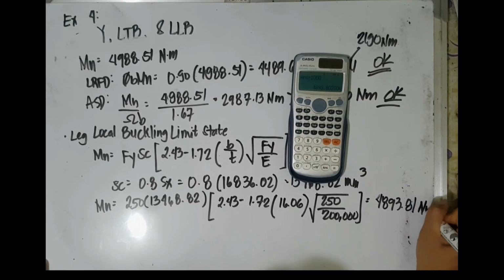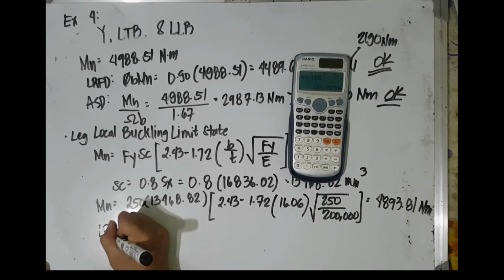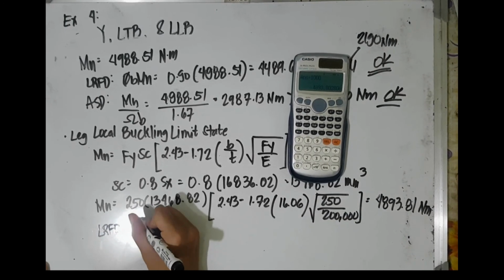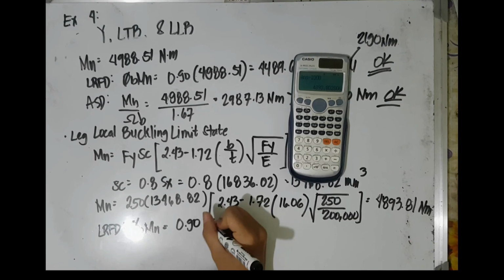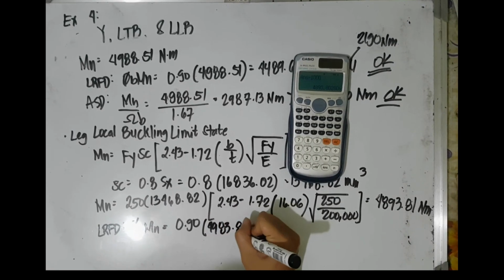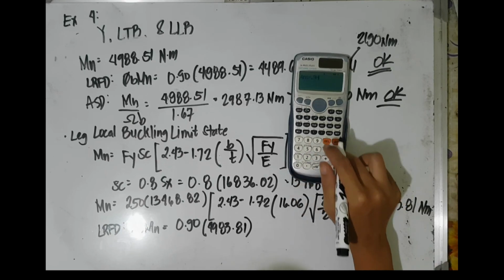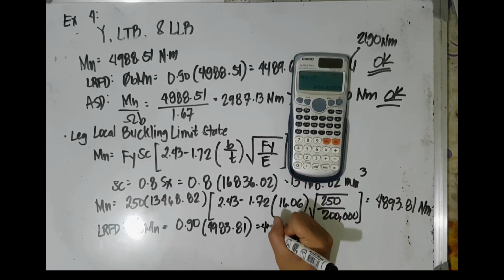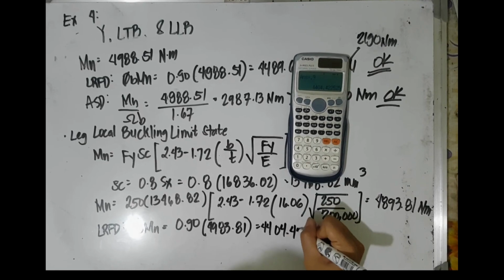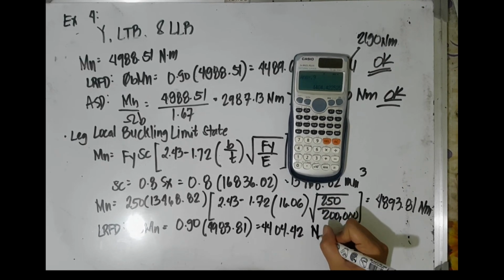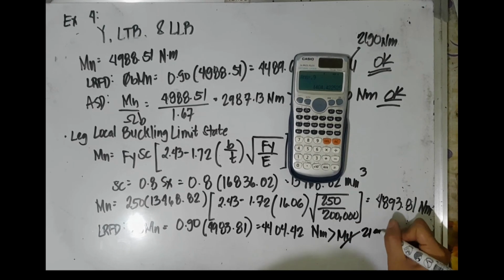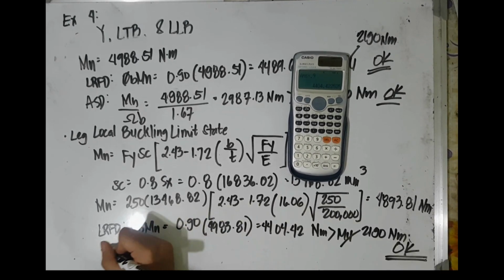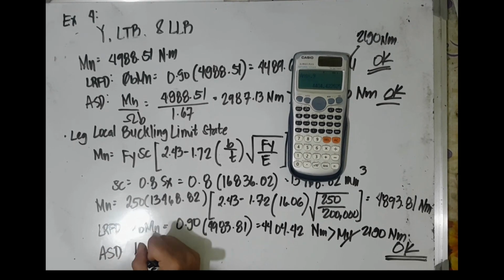And for LRFD, we just multiply it by 0.9, it's repetitive for the checking of the design flexural strength. So it is equal to 4,404.42 Newton meter, and it is greater than our Mu, which is equal to 2,190 Newton meter.